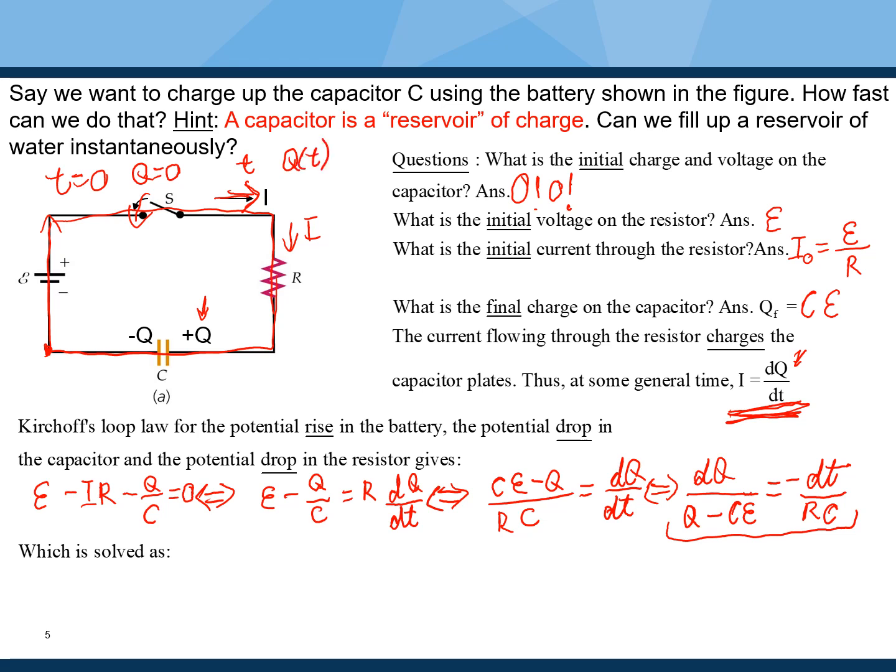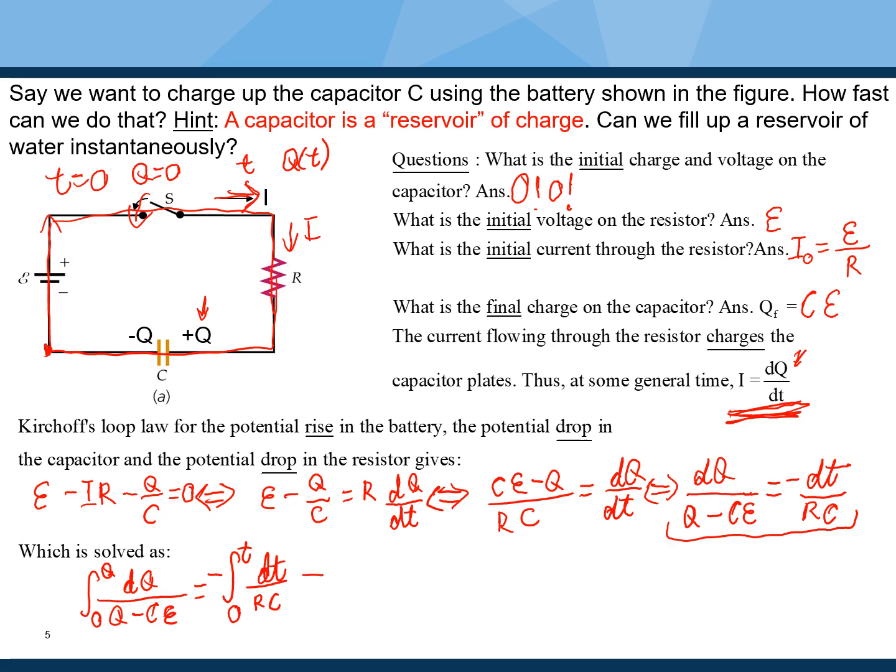So we can now go ahead and write this as an integration from 0 to the general charge Q of dQ divided by (Q minus C times E), and that is equal to minus the integral from time 0 to time t of dt divided by RC. Now this is very easy to work with because we realize that dQ divided by (Q minus CE), the integration of that is just natural log of (Q minus CE).